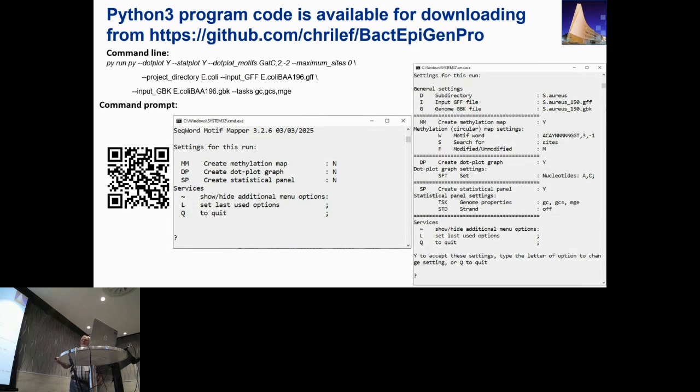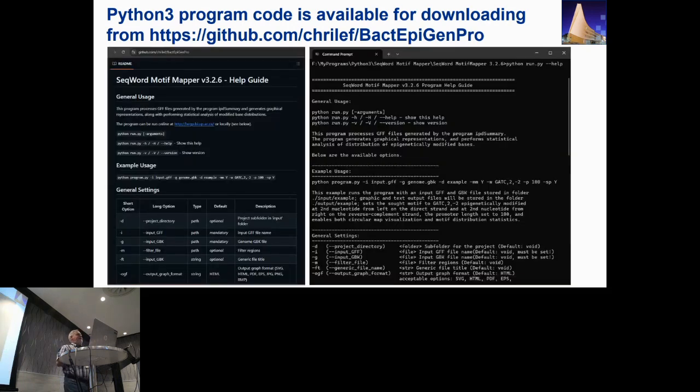You have to select which specific graph you want to create. And depending on what you select, there are additional sets of attributes you can set here. There are many arguments you can set, and you can see the help file on GitHub, or if you type --help, it will show you detailed instructions of all arguments.